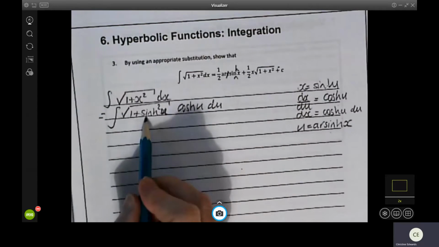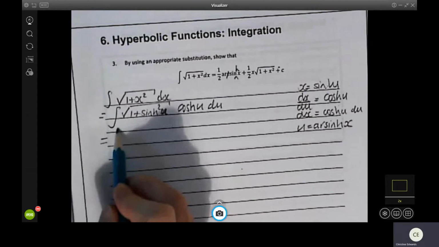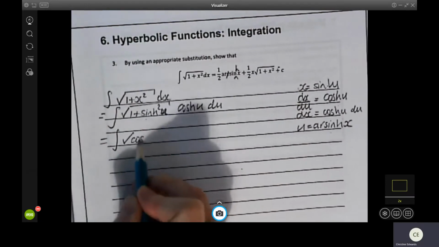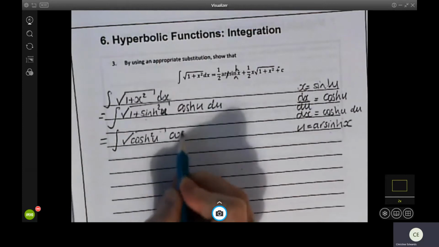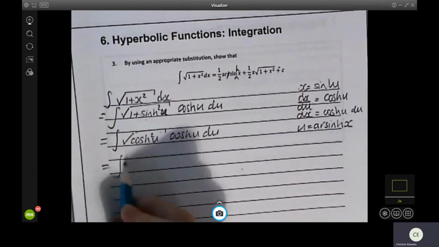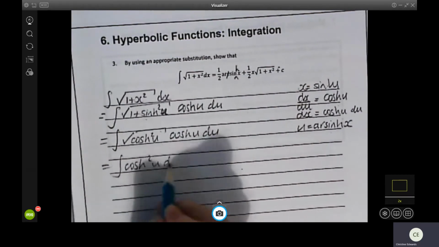I can simplify what's under the square root by use of my hyperbolic identity. So this becomes the square root of cosh u squared times by cosh u du. Simplifying further, I am left with cosh squared u du.